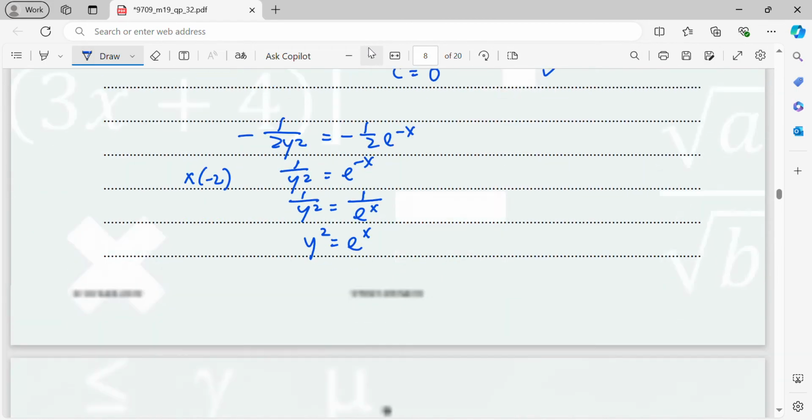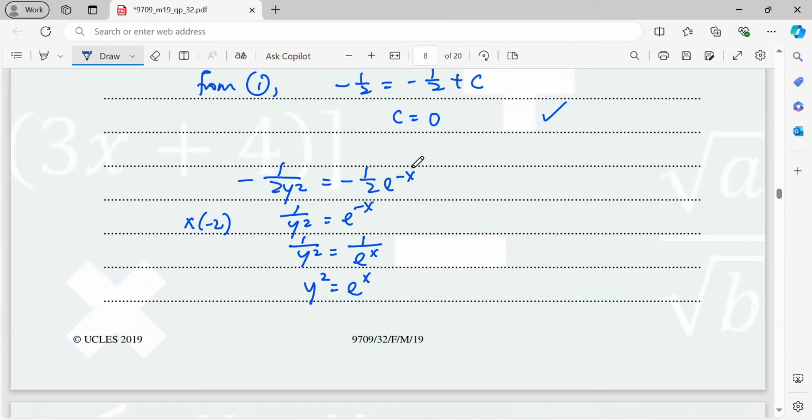Therefore, my y is going to be plus minus square root. So my y is plus minus square root of e^x. You can leave your answer in this form, or the square root is basically degree half. So e^x to the power half is e^(x/2). You can leave your answer in this form. That is your y.